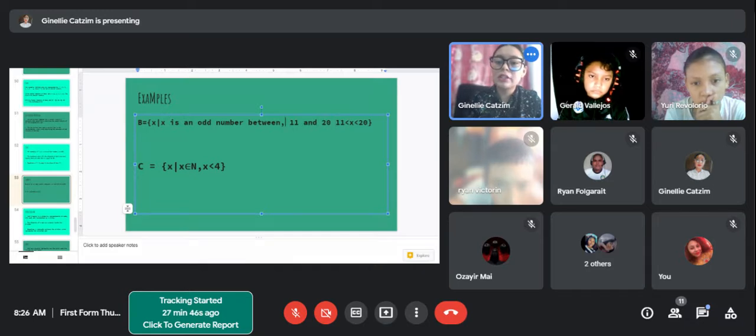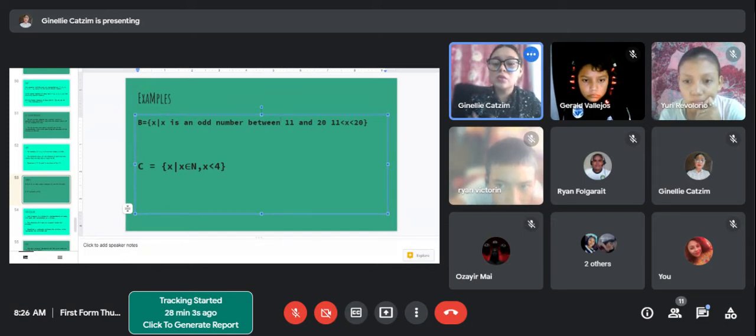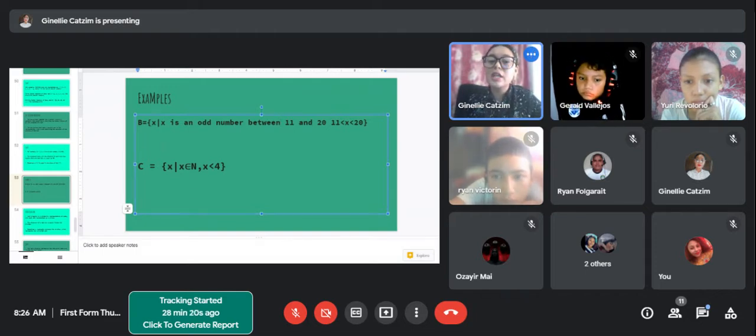The description can always be in text form, just like the one we have here, x is an odd number between 11 and 20, or it could have like a little condition there where x is more than 11 but less than 20, right? So this is basically the set notation. It has a little vertical bar, and it has a description. The description can be in text or just in symbols, but it has a description and it has a vertical bar. So those are the characteristics of the set builder notation, right?